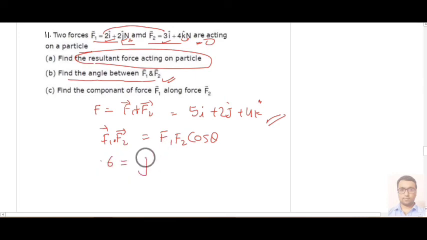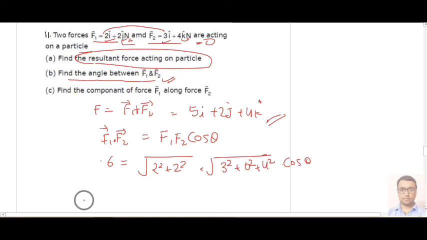Then we will write the magnitude of F1, that is the coefficient of i square plus the coefficient of j square, multiplied by the magnitude of F2, that will be the coefficient of i square again plus the coefficient of j square, and plus the coefficient of k square, into cos theta.